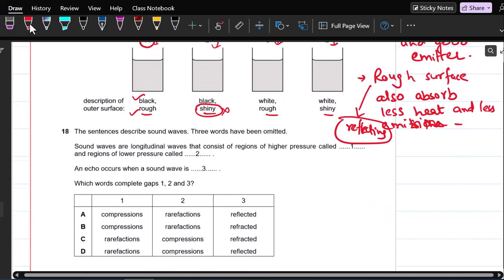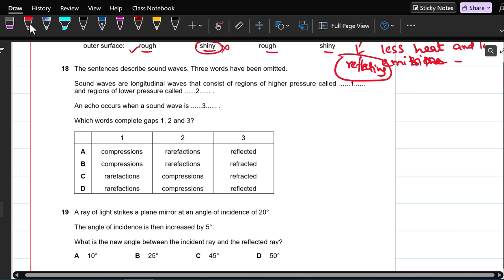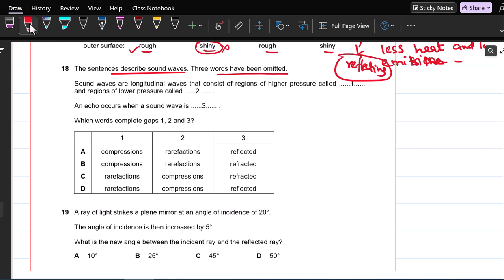Question number 18. The sentences describe sound waves. Three words have been omitted. Sound waves are longitudinal waves that consist of regions of higher pressure called compression, where molecules are closer together. Region of lower pressure is going to be rarefaction.